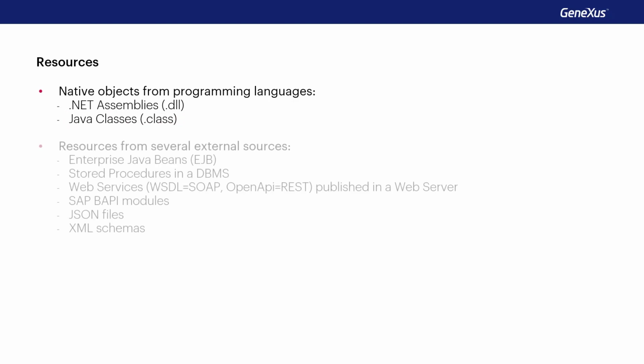We may also import resources stored in other external sources, like Java Beans programs, or procedures stored in a database. Web services, both SOAP and REST, SAP modules, JSON files generated by any application, or XML schema.